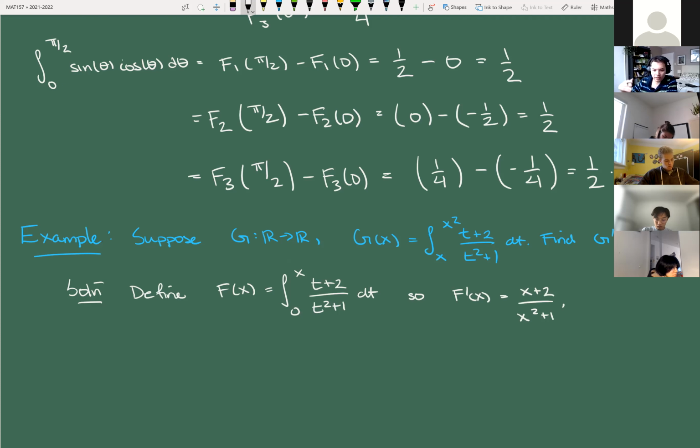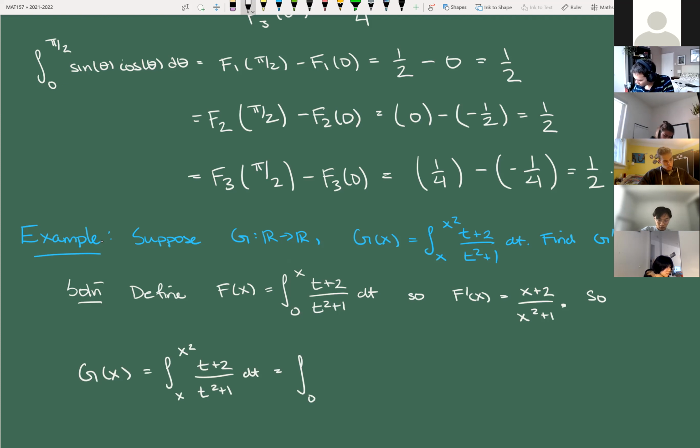Now let's rewrite g in terms of F. So g of x is the integral from x to x squared of (t plus 2) over (t squared plus 1) dt.